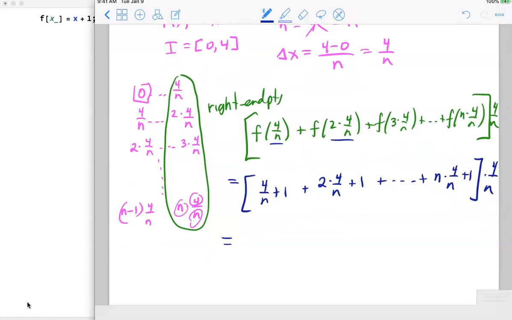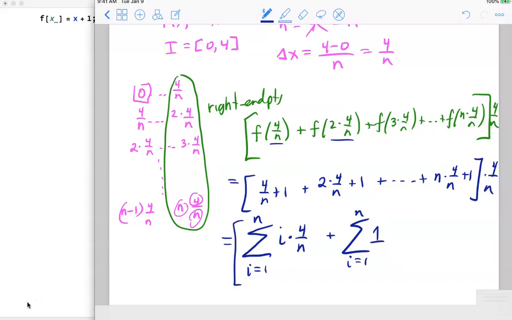Now we can split this just like we did before. We're going to have the summation i going from 1 to n of i multiplied by 4 over n, plus the summation i going from 1 to n of the number 1. Okay? And all of that will be multiplied by 4 over n.